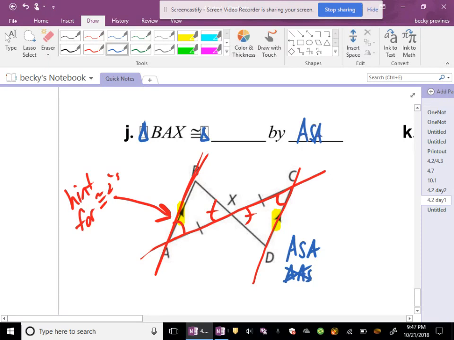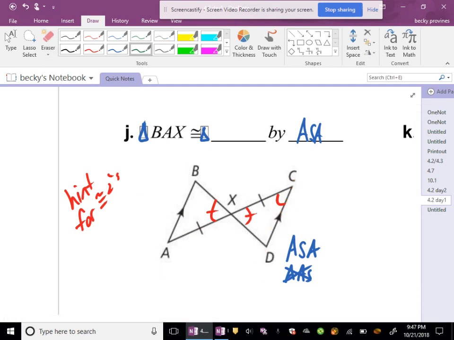All right. So if I have BAX, so I'm going to erase some of this so I can see it just a little bit better. BAX, what order should you go in?